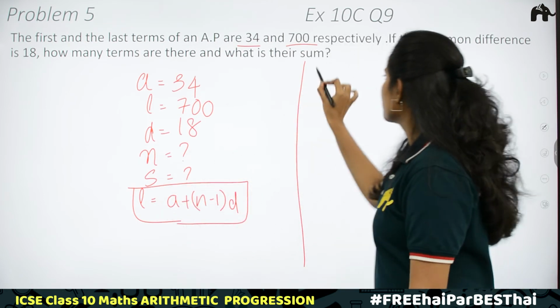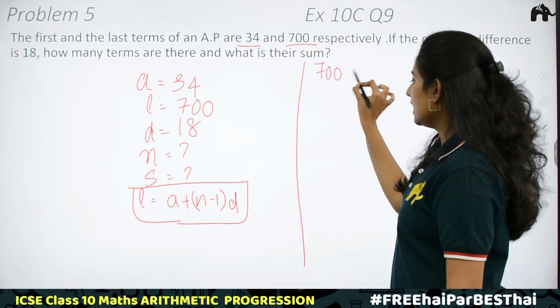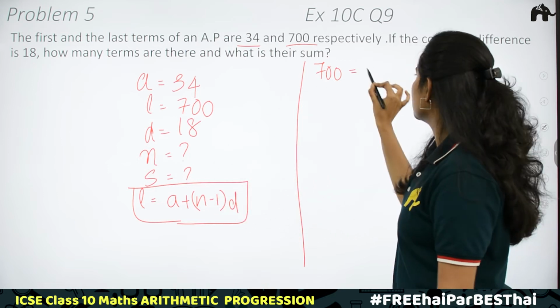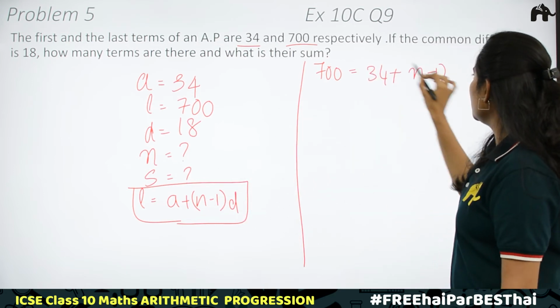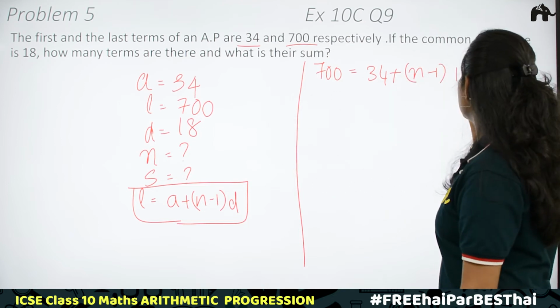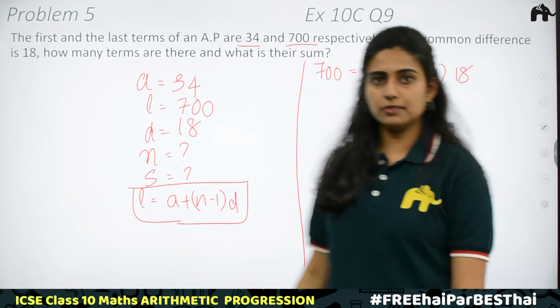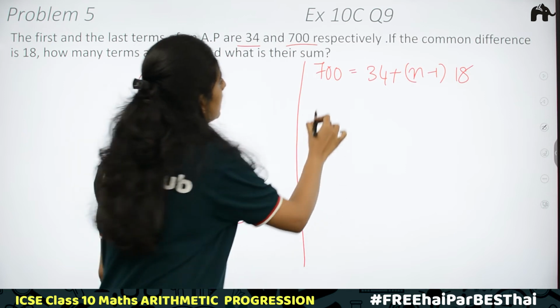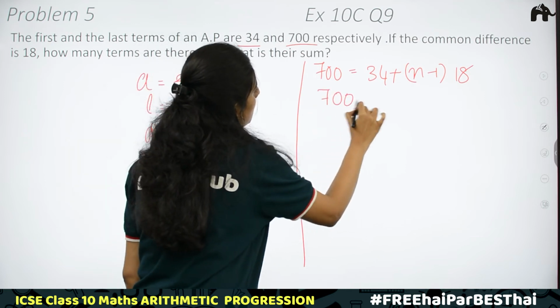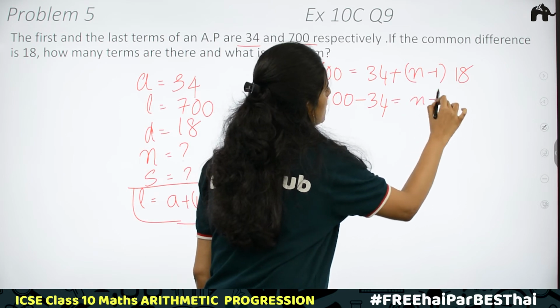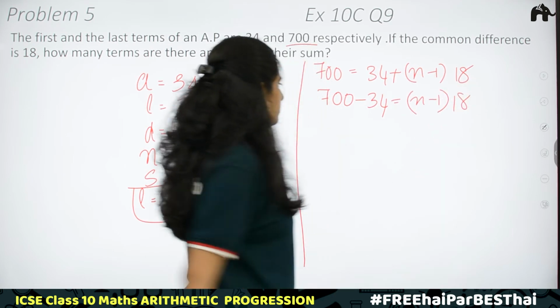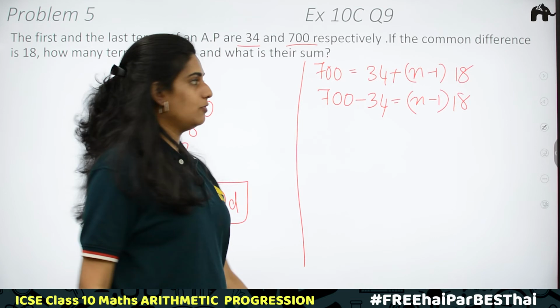We have L, 700, is equal to A, 34, plus n minus 1 into D, D is 18. That is 700 minus 34 is equal to n minus 1 into 18. 700 minus 34, what do we get?